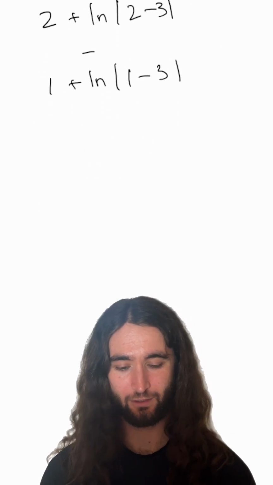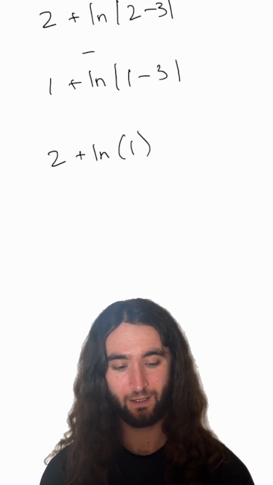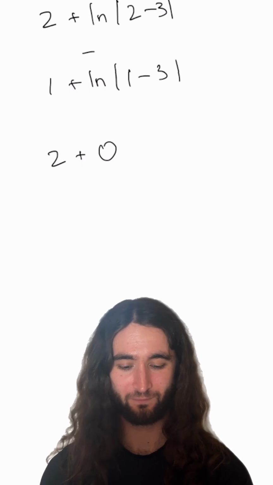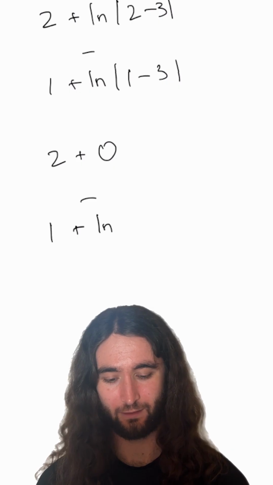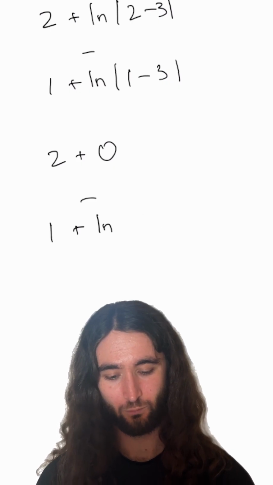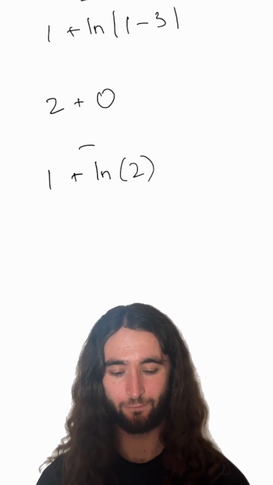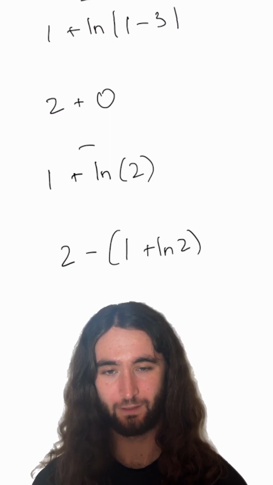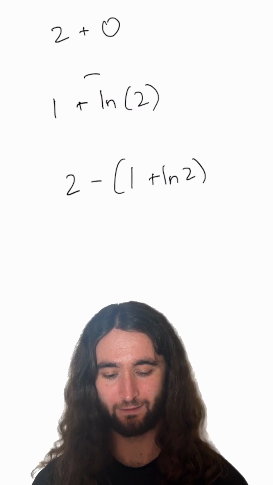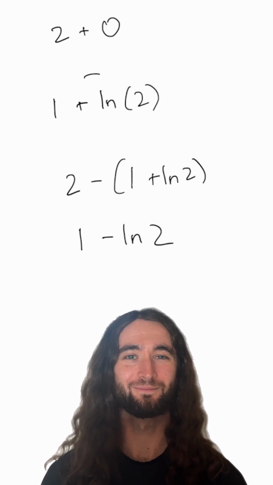Okay, now if we calculate each of those, that's going to be 2 plus the natural log of the absolute value of negative 1, which is the same thing as the natural log of 1, which is 0, minus 1 plus the natural log of the absolute value of negative 2, which is the same thing as the natural log of 2, and that's some irrational value. So finally we end up with 2 minus 1 plus the natural log of 2, and we can only simplify that a little bit. It's going to be 1 minus the natural log of 2. So there you have it. Good luck on the exam.